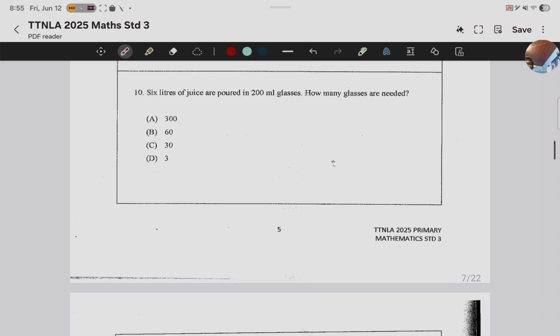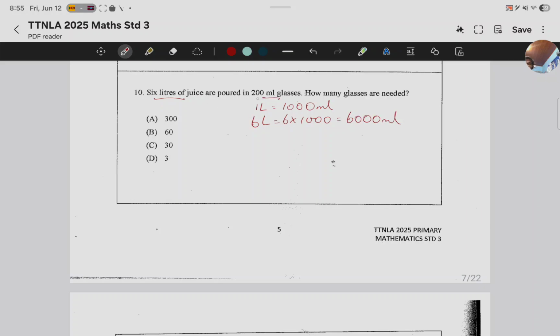Number 10, 6 liters of juice are poured in 200 milliliter glasses. How many glasses are needed? So we have liters, then we have milliliters. So we convert the liters to milliliters. Again, we know that 1 liter is equal to 1000 milliliters. So 6 liters would be 6 by 1000, which is equal to 6,000 milliliters.